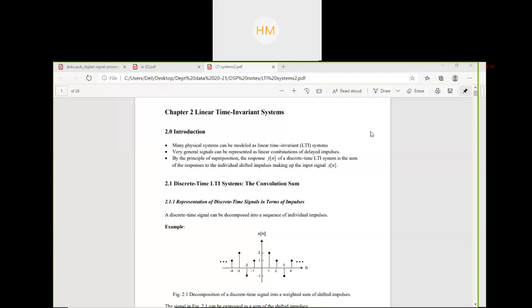A few numericals I have given. Only 7 students have joined.